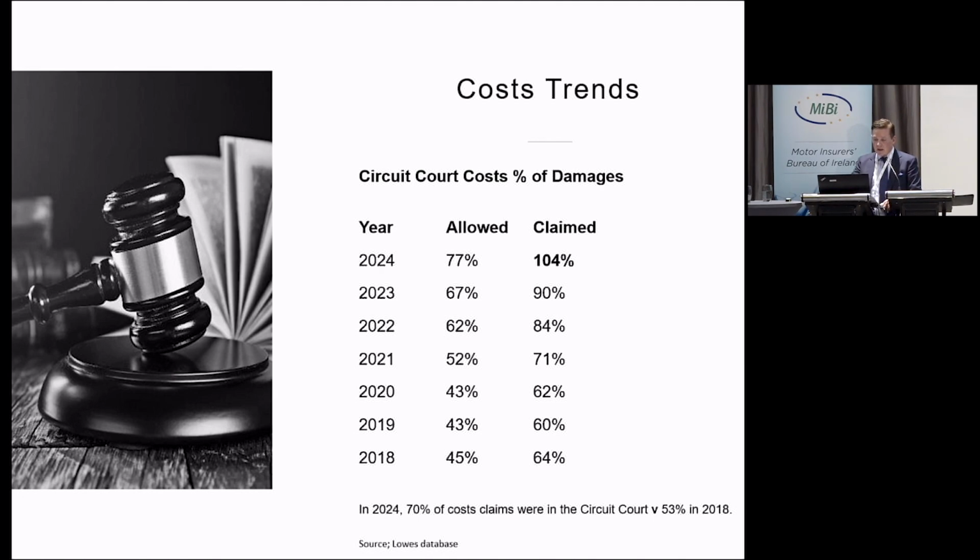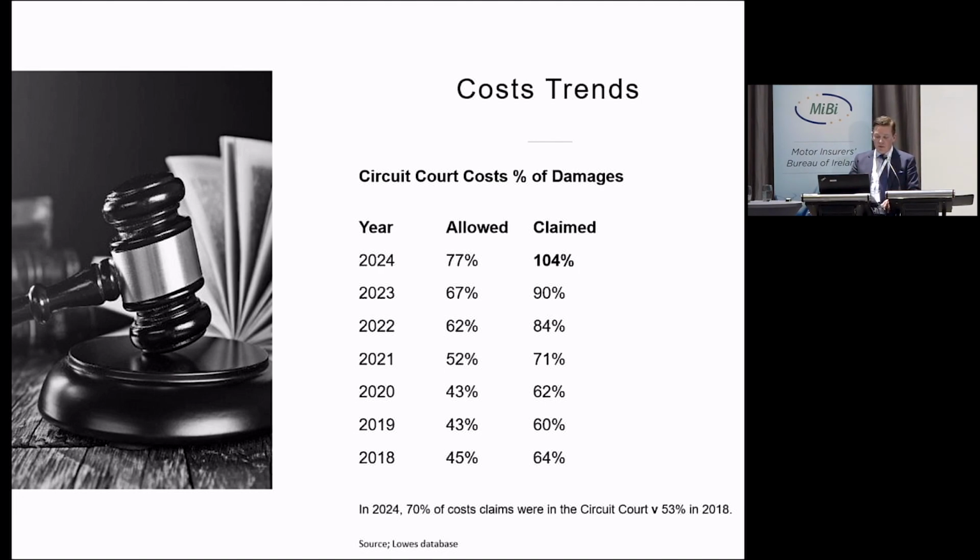So if you look at this slide for the Circuit Court, and I have one for the High Court as well, in 2018, you can see that the costs as a percentage of damages in the sum claimed was 64%. And ultimately what was allowed, either through negotiation or through adjudication, was 45%.